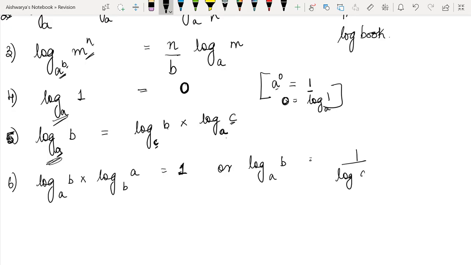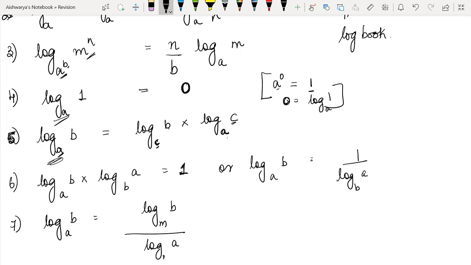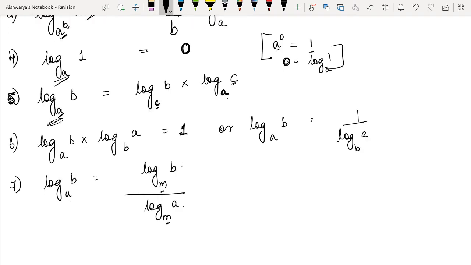Next property, log b base a, you can write it as log b base m divided by log a base m. I have changed the base of both to m. Now, not only m, you can put any number of your convenience that you want. So these are the properties I think will help you sufficiently in solving the problems. Okay.